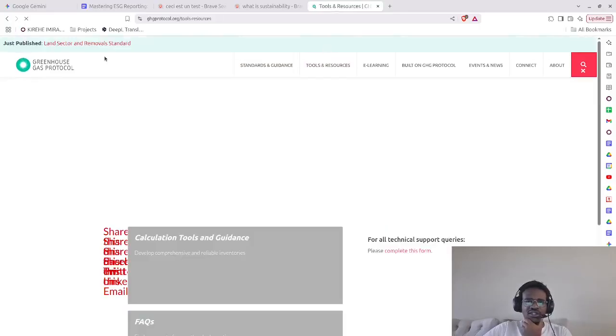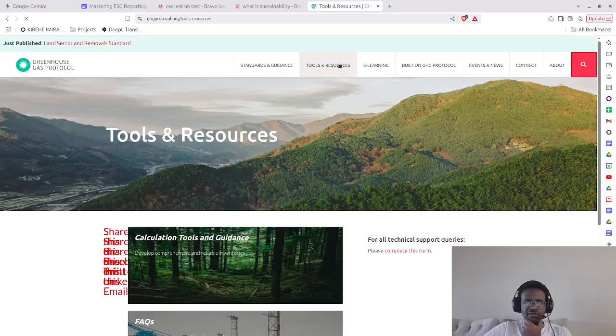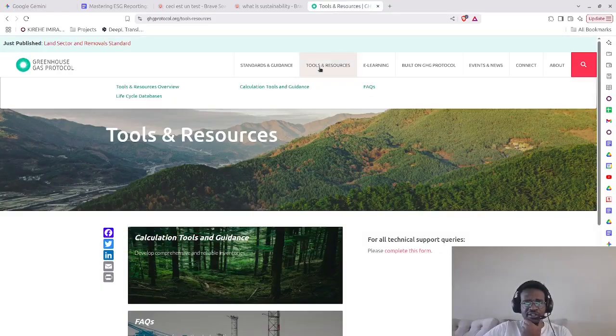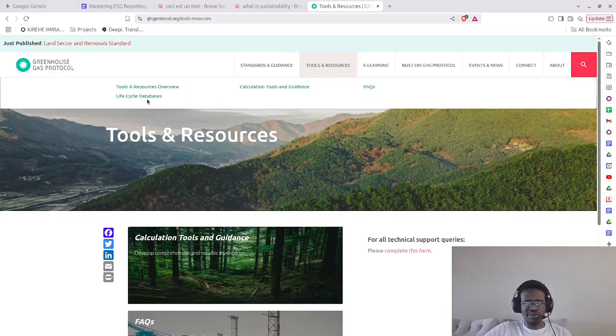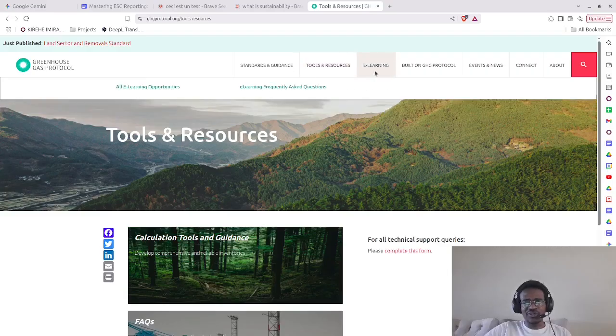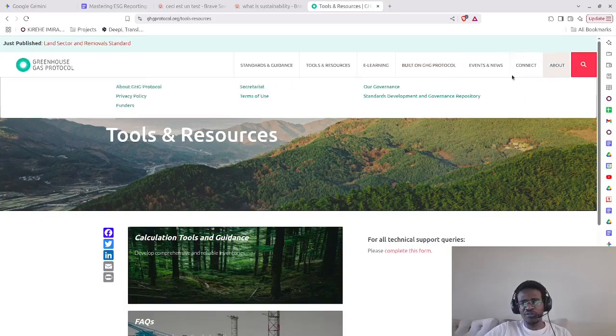Then tools and resources, we have your tools and resources overview, your lifecycle databases, because remember, there's a lot that goes into it. Calculation tools and guidance, frequently asked questions, and you can basically see all of these things.